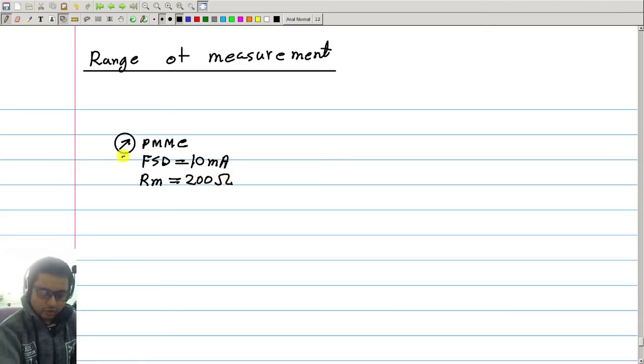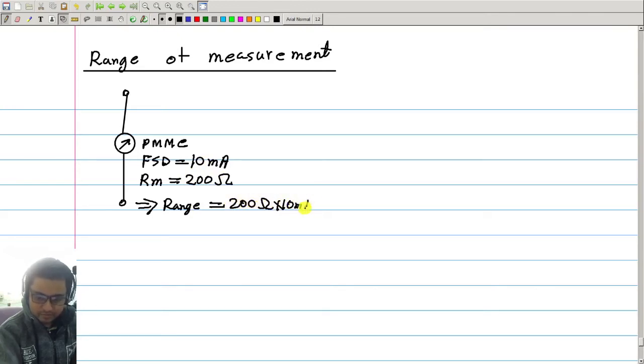So now if we use this meter as it is, then this will give a full scale range of 200 ohm into 10 milliampere, which means 2000 millivolt, that means 2 volt. What does this mean?